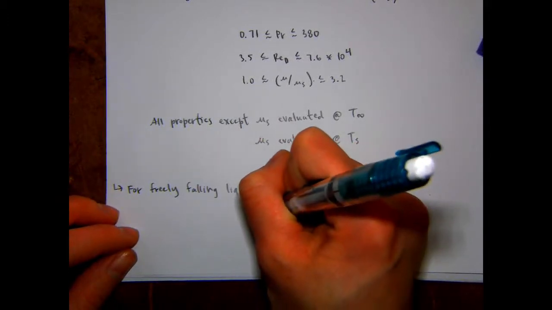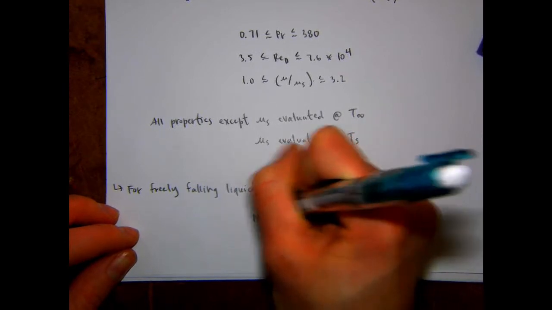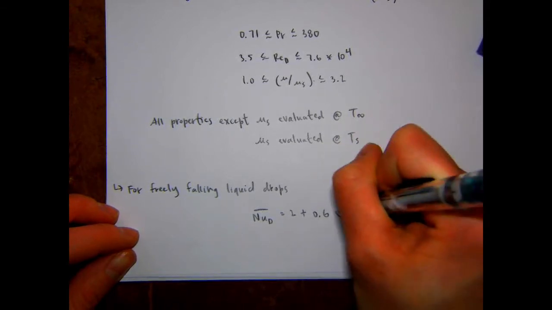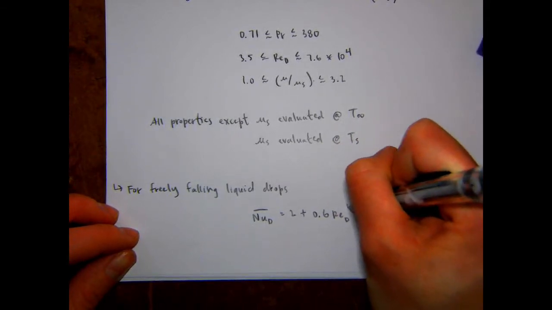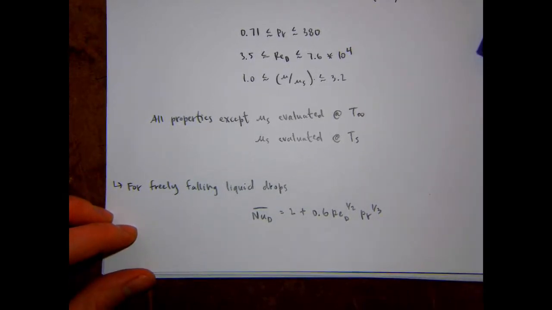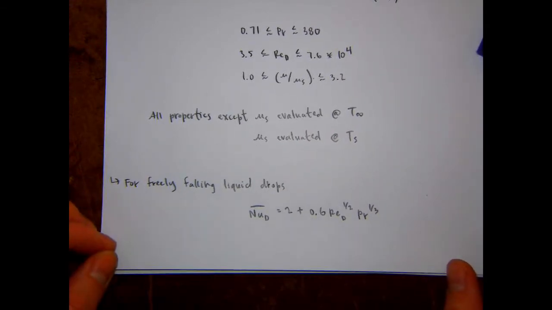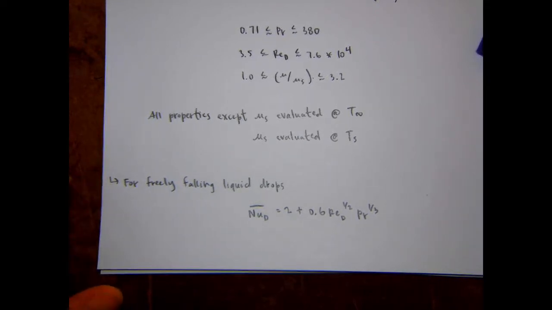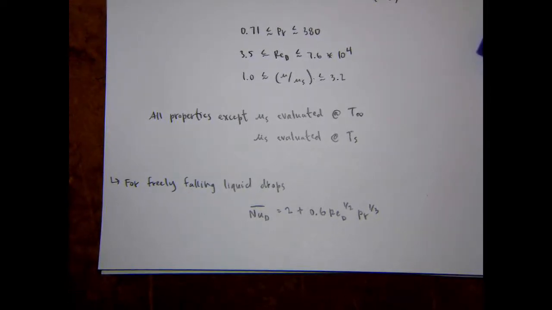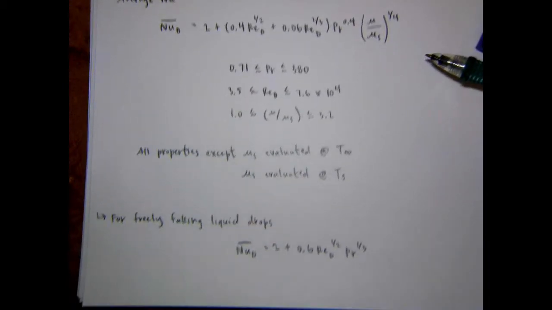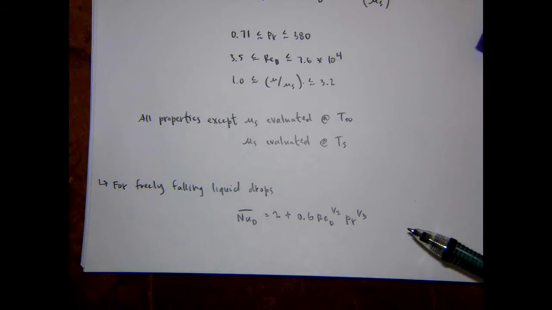So for freely falling liquid drops, the average Nusselt number reduces to this expression. So in general, if we're talking about a solid sphere you would use this expression, the one written up here. And then only if it's specified that we're talking about a freely falling liquid drop would you use this expression.